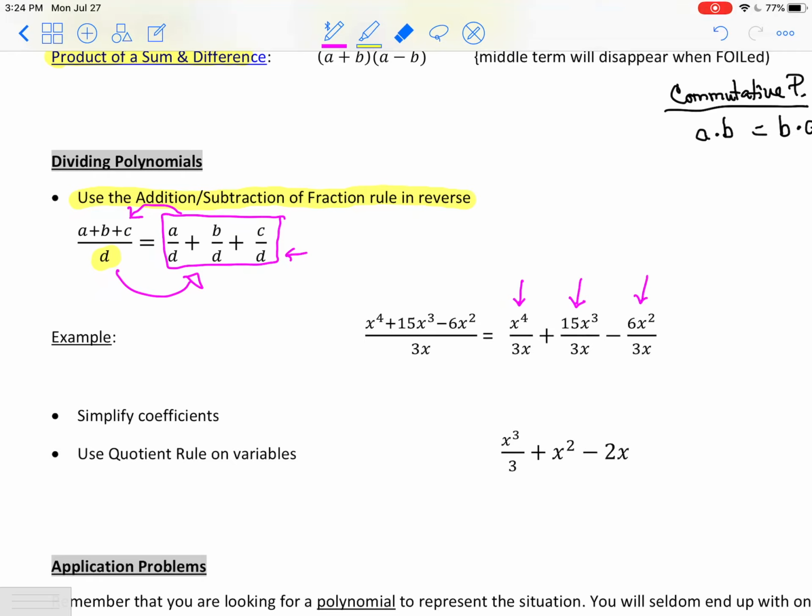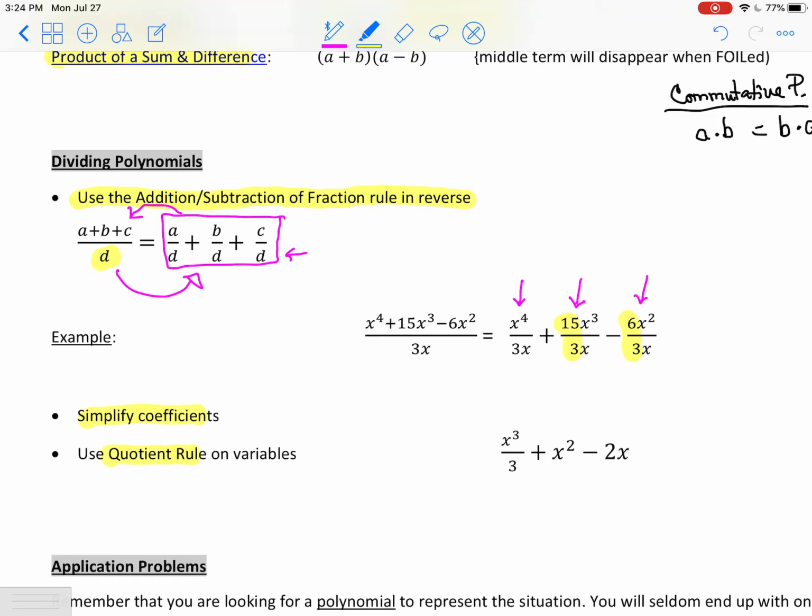I have to consider the fact that the 3x is important to all 3 of those terms in the numerator. All right, guys, so our job is to very simply simplify the coefficients. Okay, so if we can simplify the coefficients, we will. It looks like in this case we can, and in this case we can, so that's good.